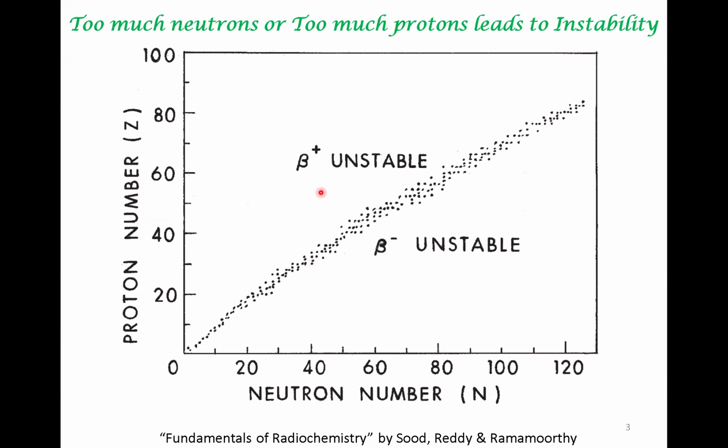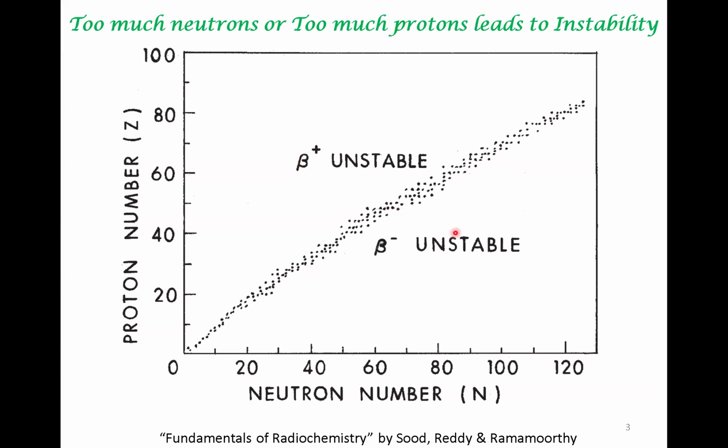So the nucleus will be unstable. And the way to get to stability is by ejecting a positron. So this is a symbol for positron. So too much of proton leads to instability, and the way to get to stability is by emitting a positron.